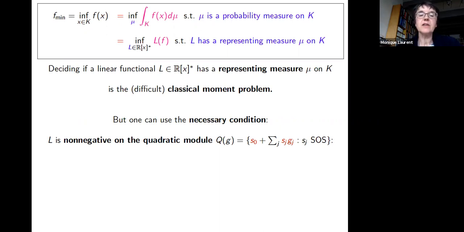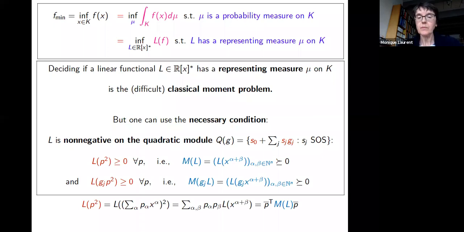The next thing is just to observe that testing non-negativity of L on the quadratic module can actually boil down to a semi-definite program again. So there are two things to do. First, we should check that L is non-negative on every sum of squares. In other words, L should be non-negative on all squares of the form p squared.